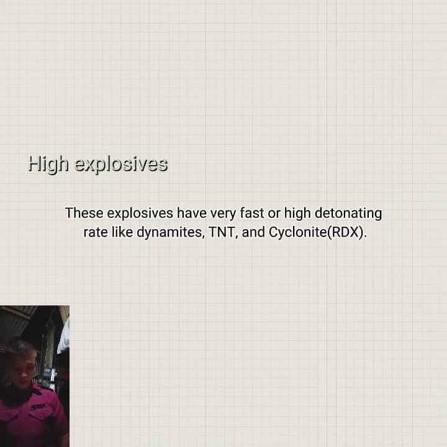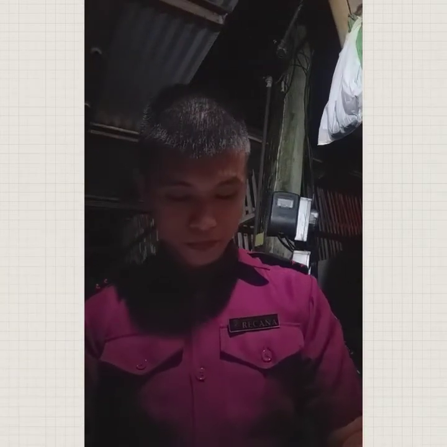The last kind of explosives is the high explosives. High explosives have very fast or high detonating rates, like dynamite, TNT, and cyclonite. The speed of its detonation wave is equal to 1000 meters per second or more, and the pressure is equal to thousands of atmospheres, such that it can break a material into fragments long before it has an opportunity to move away.